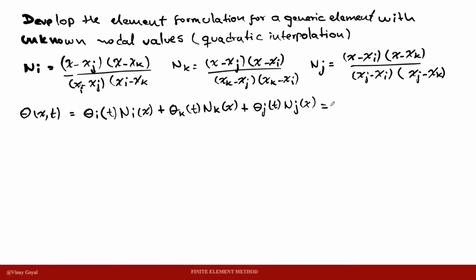We want to put this in matrix form. We have this vector 1 by 3 containing all the shape functions, and this vector theta 3 by 1 containing all the time-dependent coefficients, all right? To proceed, we need to determine the derivatives.